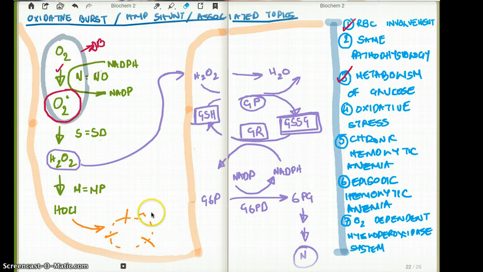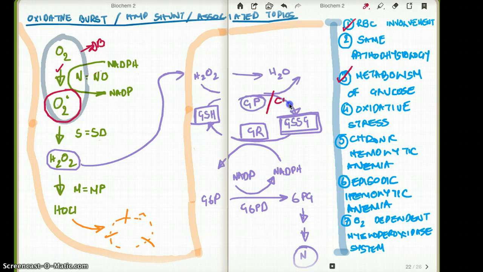Now, even though the bacteria is making hydrogen peroxide, this hydrogen peroxide needs to be broken down, and we are using glutathione peroxidase for that pathway that we just talked about. Now, glutathione peroxidase, this step can also be achieved by an enzyme called catalase. Okay, catalase. And why is this important?